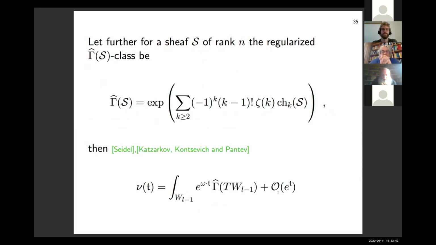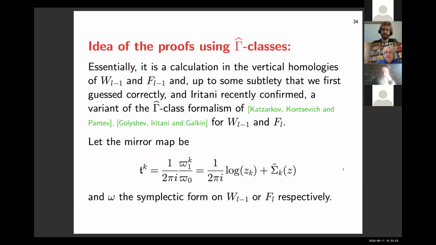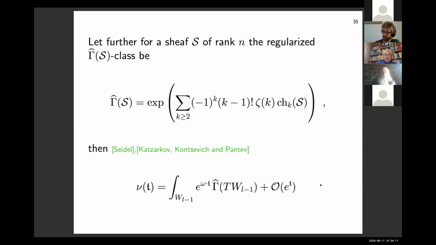And then you expand, then you define for a rank N sheaf S the regularized gamma class. I mean, this was done first by Katzarkov, Kontsevich, and Pantev, and then later Iritani, Golyshev, and Galkin, and even in our paper with Yau, we had already some ideas how the derivative with respect to gamma gives rise to these coefficients. So then, according to Seidel, the vanishing cycle of the conifold is just this gamma class integrated over the Calabi-Yau.